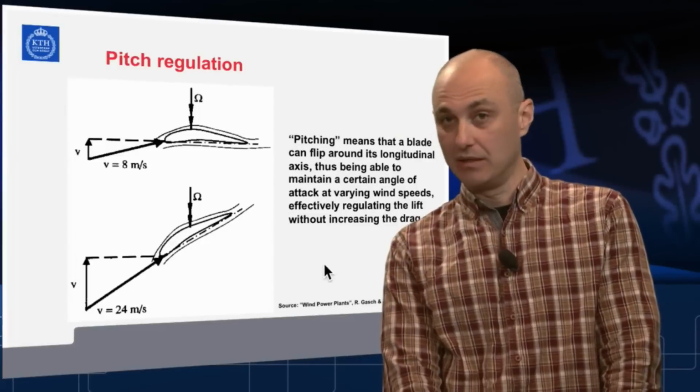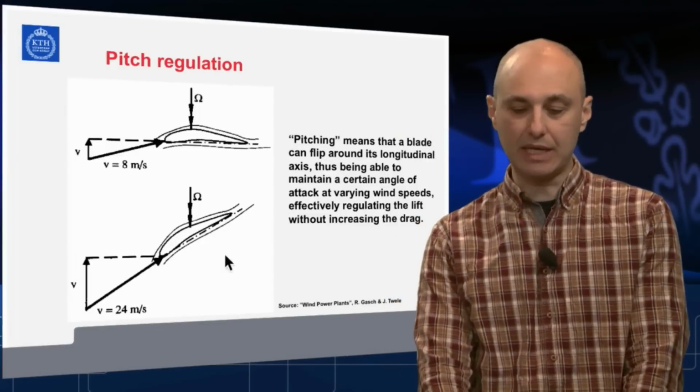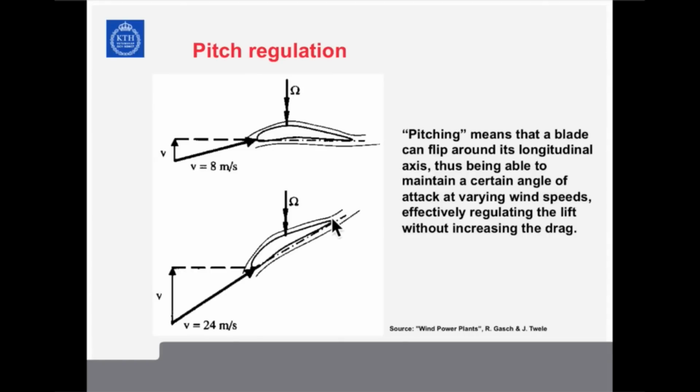So pitching of the rotor blades would mean that you rotate the blades, you flip them, literally, along their own axis. In fluid dynamics, this means that you might be able to sustain the same angle of attack, whatever the change in wind speed is. Now, exactly the same situation here, exactly the same wind speeds used as an example.